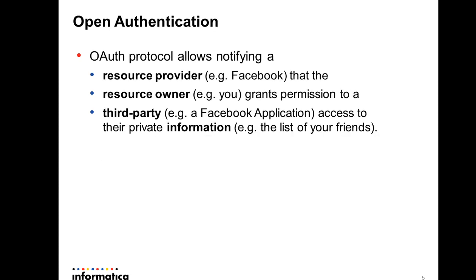In short, open authorization allows notifying a resource provider, which is Facebook, Twitter, etc., that a resource owner, which can be any user, you, me or someone else, has granted permission to a third party application, like a Facebook application, a Twitter application, or in this case an Informatica adapter, to access their private information. So this is basically, in a nutshell, the expectation from the OAuth protocol.